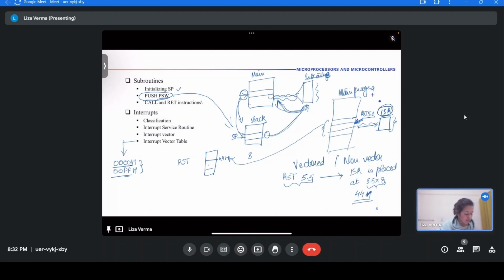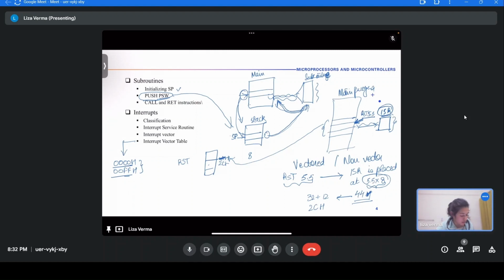This is in decimal, and 44 when converted to hex, what is it? 44 is 32 plus 12, which is 16 twos are 2C. Yes, it will go to 2CH. So this multiplication gives you the result in decimal and this will jump to 2CH.